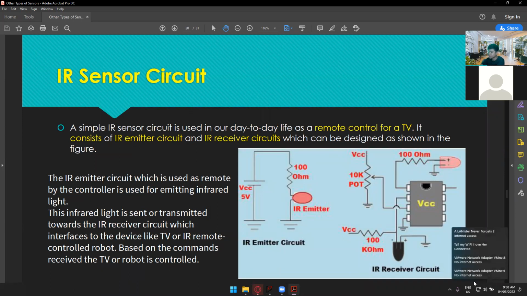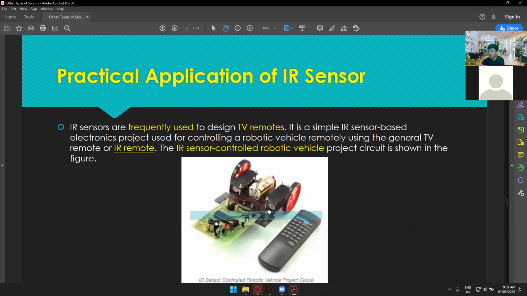But this is not limited to TV remotes. It can also be used for a remote-controlled RC car, where it can emit or receive the infrared. This is an IR sensor controlled robotic vehicle.